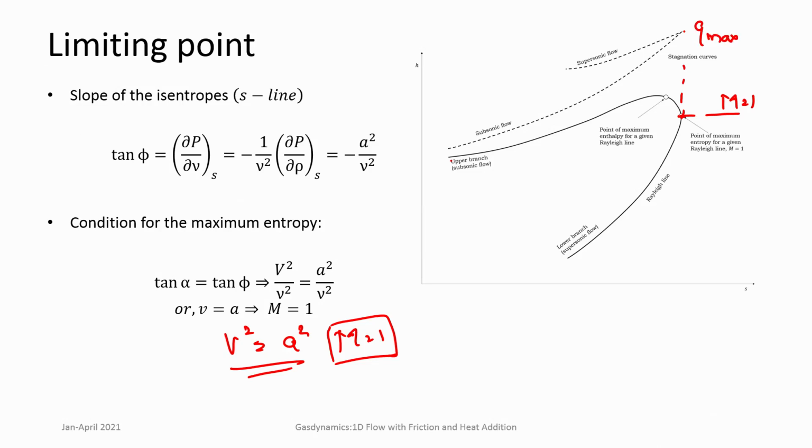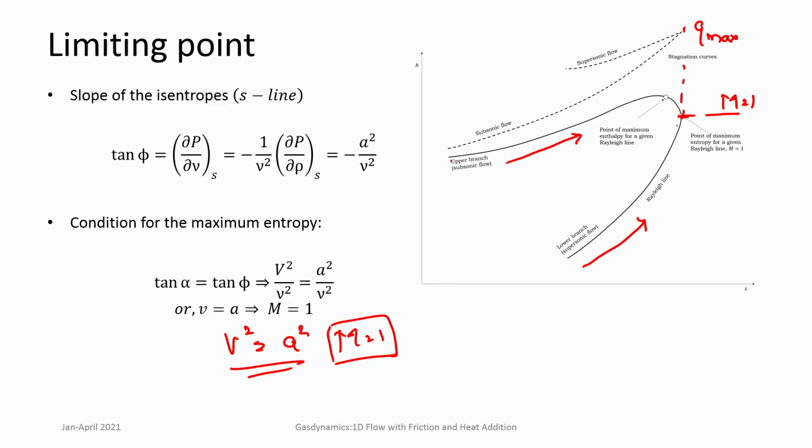So, if you add heat in a subsonic flow, it drives the flow towards Mach number equal to 1. Similarly, if you add heat to a supersonic flow, it also drives the flow towards Mach number equal to 1, and the maximum heat that can be added corresponds to the point where the maximum entropy lies, and that is also Mach number equal to 1.